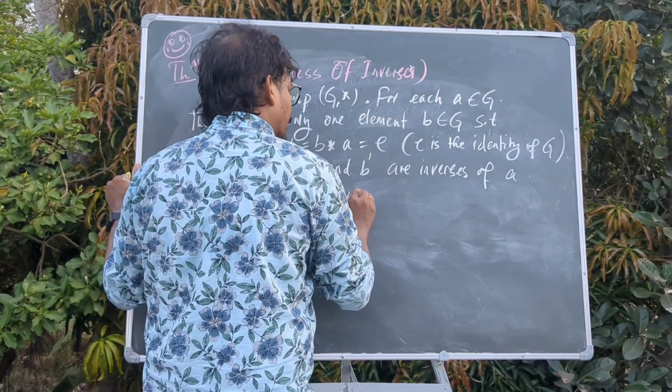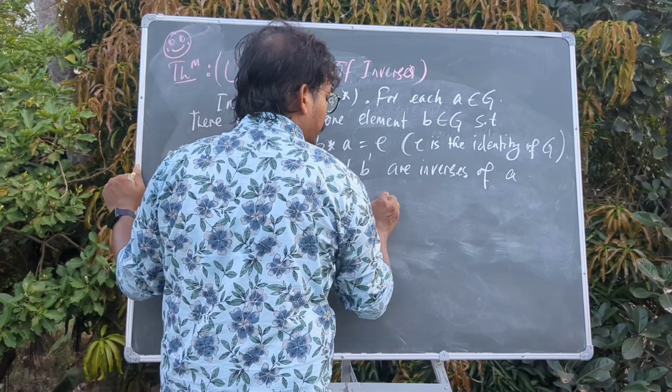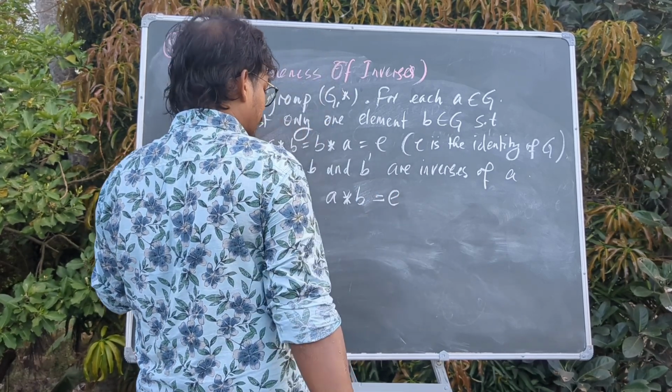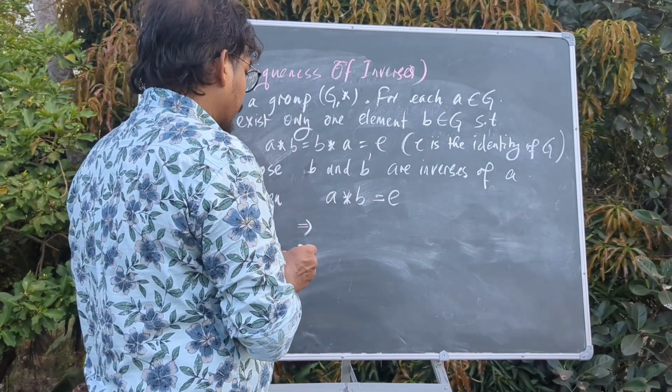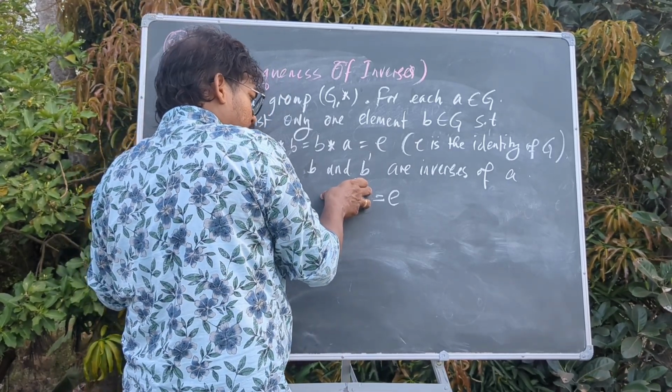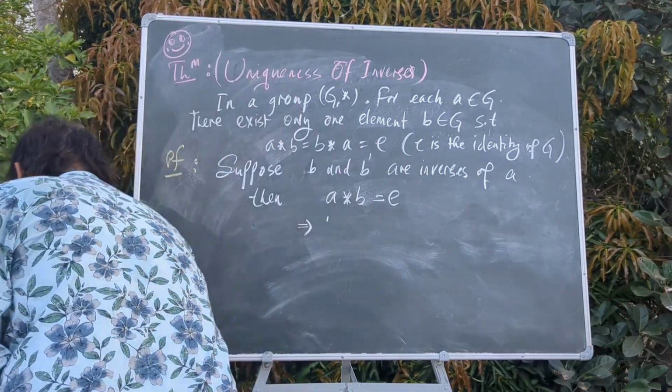what do we have? We have A, when operated with operation star with B, it will give the identity. And let us operate this element with the inverse B dash. B dash, I will use another color.